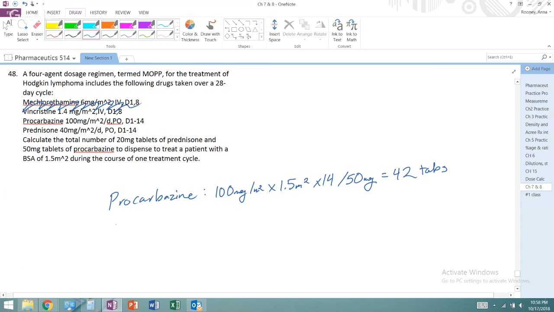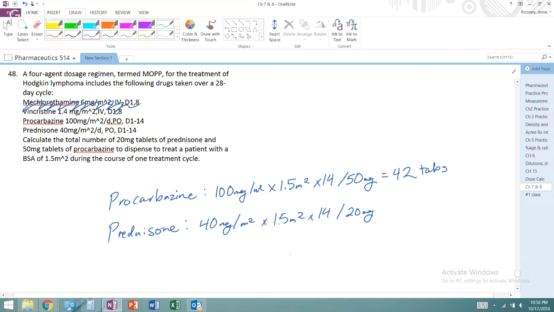And then the prednisone, that one is 40 milligrams per meter squared. That is also times 1.5 meters squared. And then that is also 14 days. But that one is 20 milligram tablets.